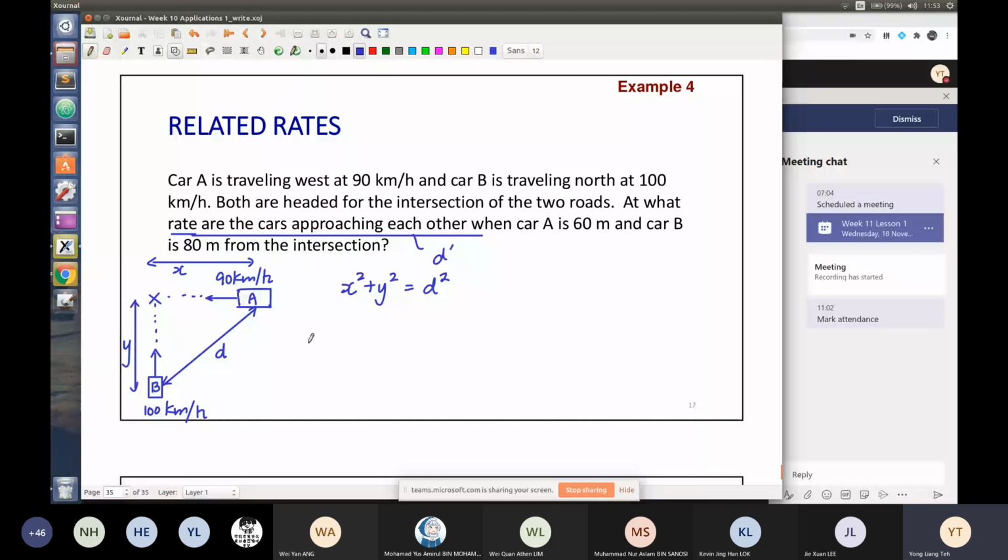And we just do our implicit differentiation. Okay, so d/dt in this case. So this is going to give us 2x, x prime, plus 2y, y prime, equals 2d, d prime. Is that right? Okay, so clearly we can just divide the 2 away.